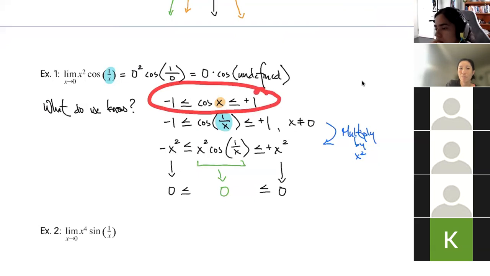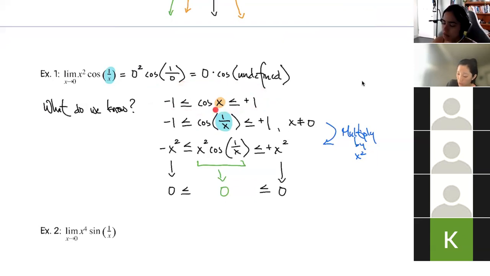So no matter what I'm cosigning, it's always going to be between -1 and 1. And so I was able to switch just cosine x to cosine of 1 over x because it's still cosine of something, all right? But as soon as we have 1 over x, we have to put in that x cannot equal 0, all right?